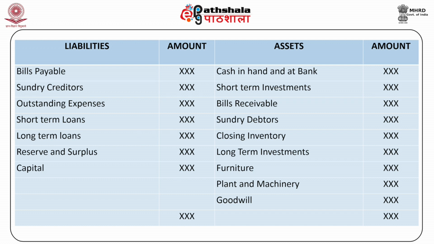On the left hand side, you see liabilities starting with bills payable, sundry creditors, outstanding expenses, short-term loans, long-term loans, reserves and surplus, capital. Total them up and the two sides must have the same total.